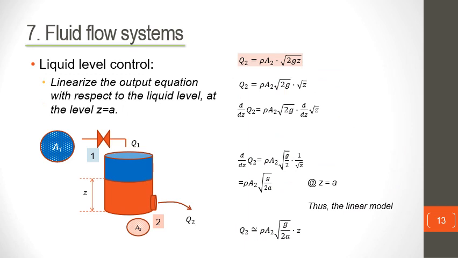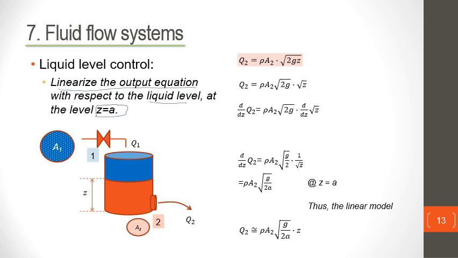So having developed that model, let's say now our objective is to linearize the output equation of our model with respect to the liquid level at some level Z0 equal to A. So let's say we want to maintain a level Z equal to A meters in our tank for whatever reasons.